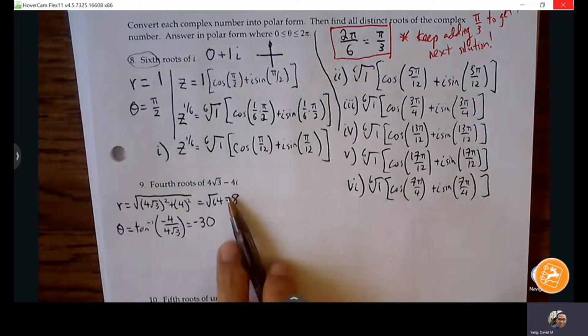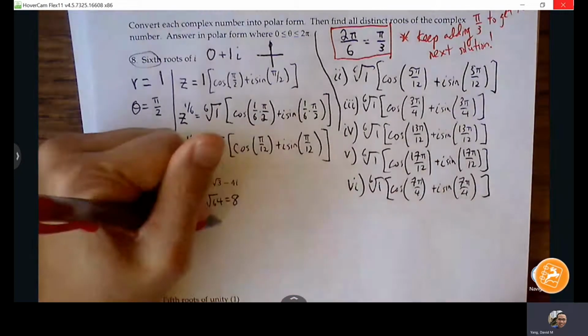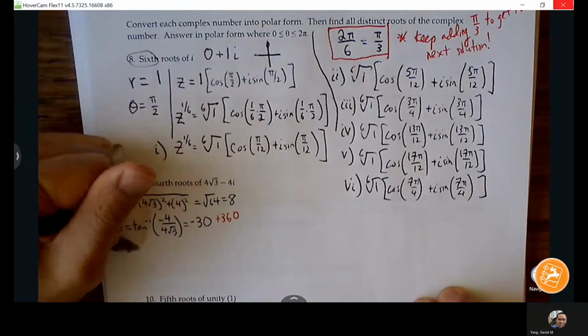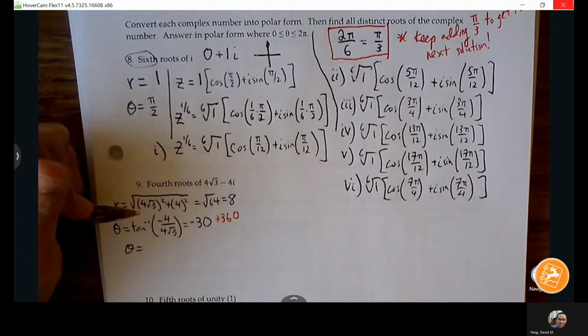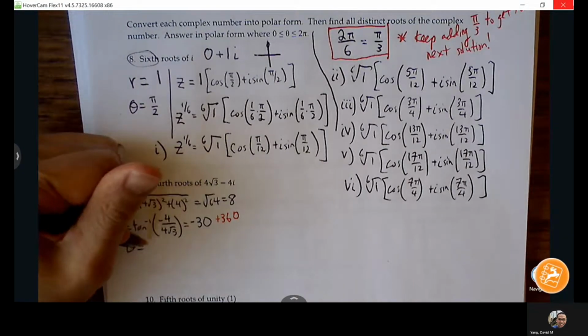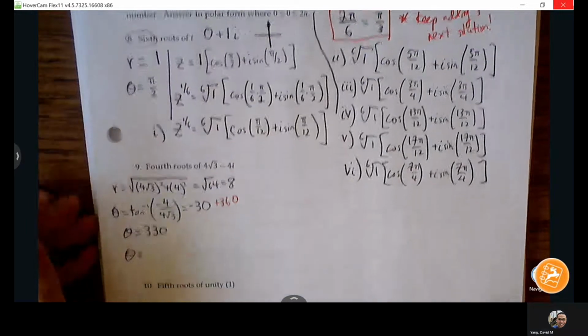Okay, which quadrant is this in? Fourth. Okay, so add 360, right? 330 degrees.